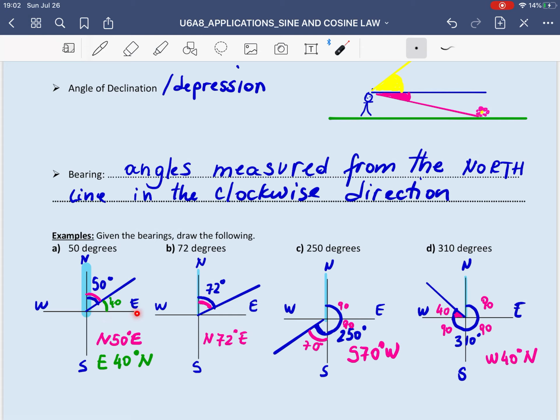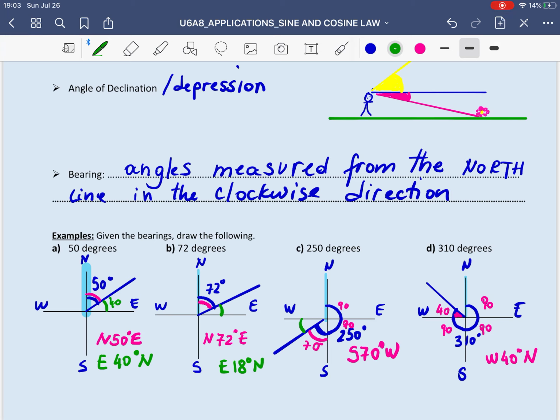So starting from east line, that's your first letter here, go 40 degrees towards north. The next one would be this angle here, which is 90 minus 72, that's 18 degrees. So we can say starting from east, we can go 18 degrees towards north.